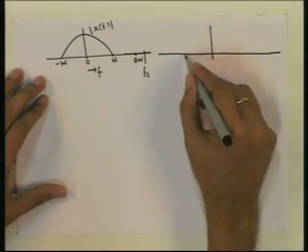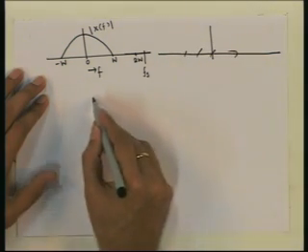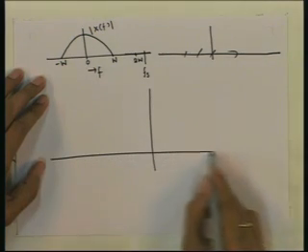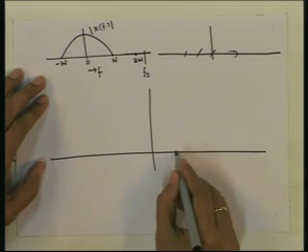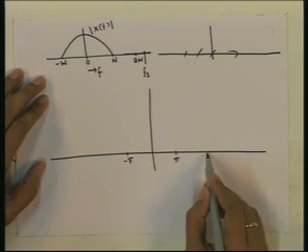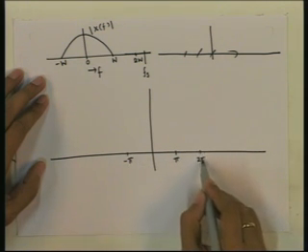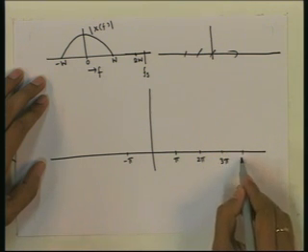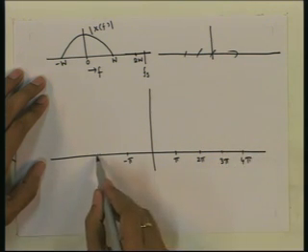So, let us draw it here. So, this will be pi, minus pi, 2 pi, 3 pi, 4 pi and so on.